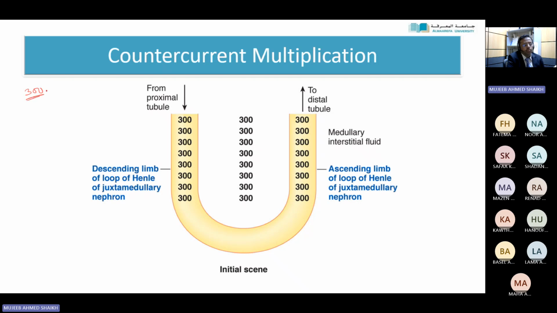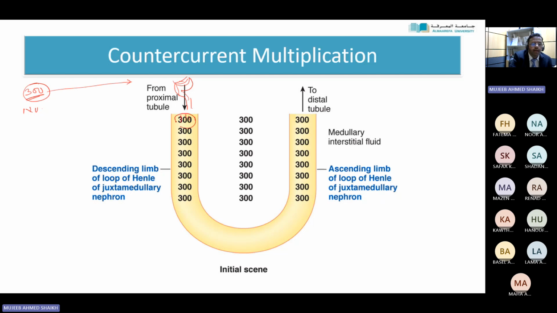When we say normal osmolarity, that means it is 300 inside the cell, 300 outside the cell, 300 in the plasma, 300 in the interstitial fluid. That's why we say the osmolarity is normal, normotonic. Okay. So the fluid which is filtered, because the blood coming from here contains solutes which are almost 300 milliosmol, will be filtered.